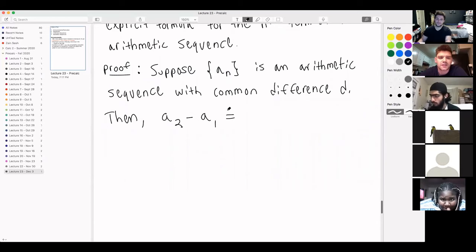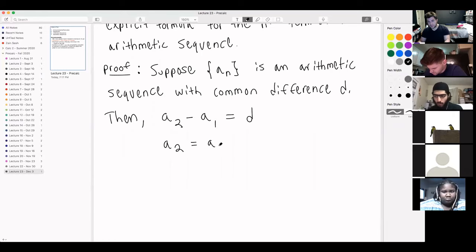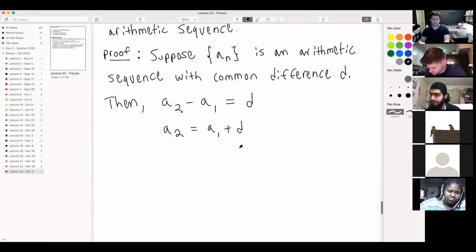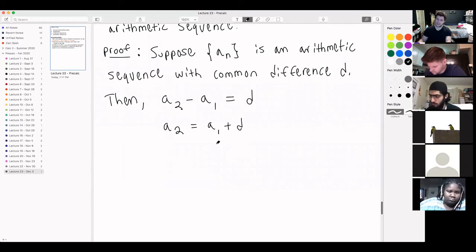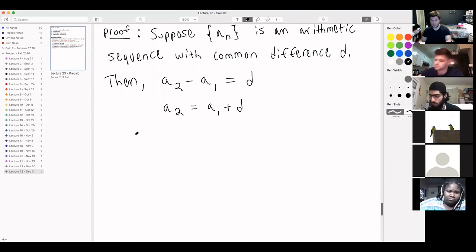It would be d, exactly. This term comes right after a1, subtract them by definition, this will be d. Good. Now solve this for a sub 2. So a2 is equal to a sub 1 plus d. We just got a formula for a sub 2. Let's keep going.